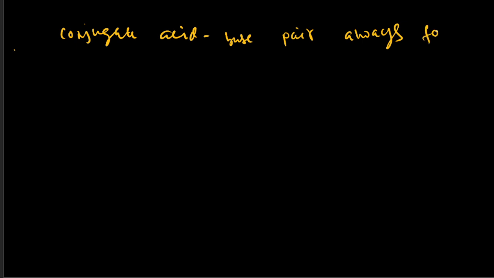So he says that conjugate acid-base pairs are always found. Suppose HX is there, then its conjugate base must be there, so X minus must be there.